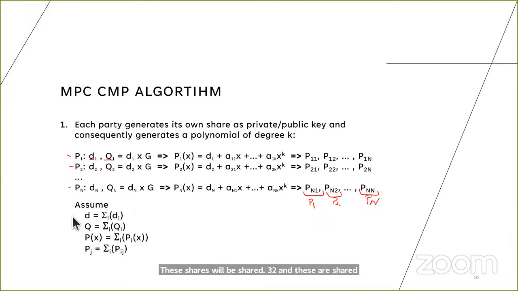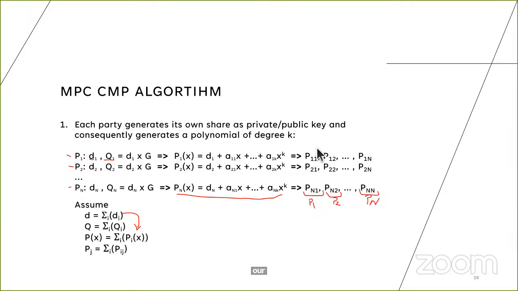And the assumption is that the wallet key is the summation of all private keys. The public key is the summation of all public keys. And the polynomial for this private key is the summation of all polynomials. Consequently, the shares that we extract from the main polynomial are the summation of all these partially computed polynomial shares.